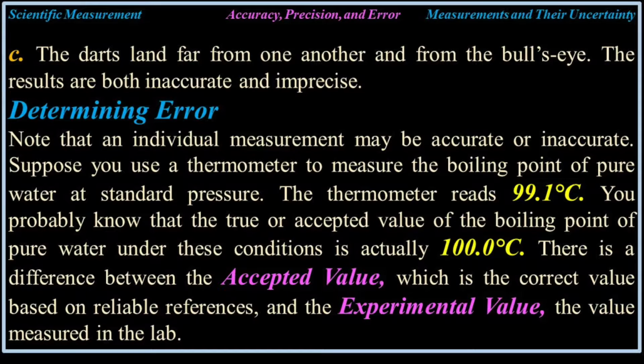You probably know that the true or accepted value of the boiling point of pure water under these conditions is actually 100 degrees Celsius. There is a difference between the accepted value, which is the correct value based on reliable references, and the experimental value, the value measured in the lab.